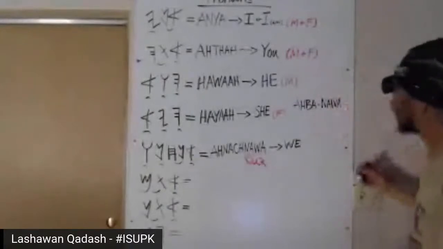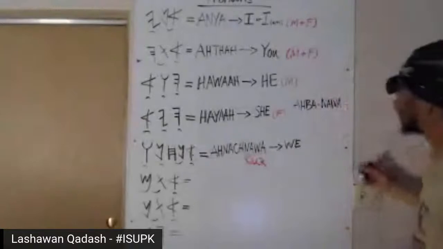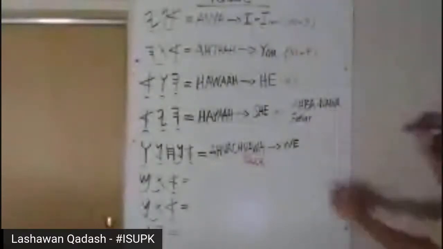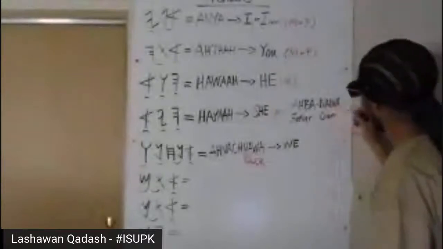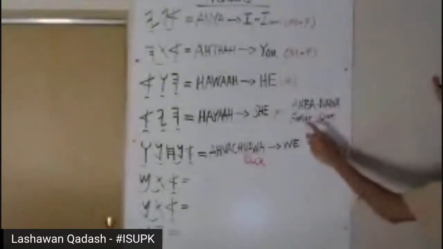We're going to say Abba, which means Father. Nawa is our. So what you're saying is Abanawa, our Father. That's what you're saying, our Father.